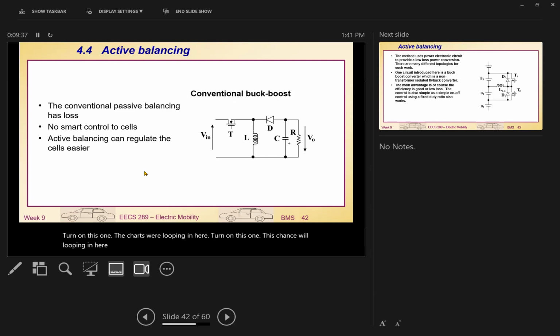So this voltage will therefore deliver some energy to this voltage. In case this is a battery and this is also a battery, it looks like we transfer the charge from this battery through the inductor to this battery. So you can imagine something like that if you have a battery in here.